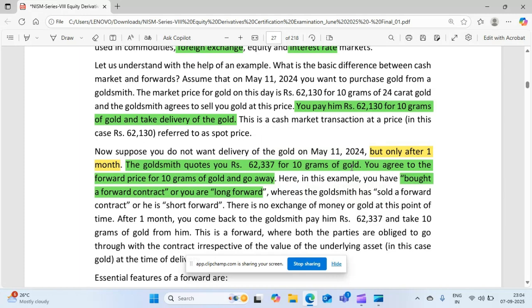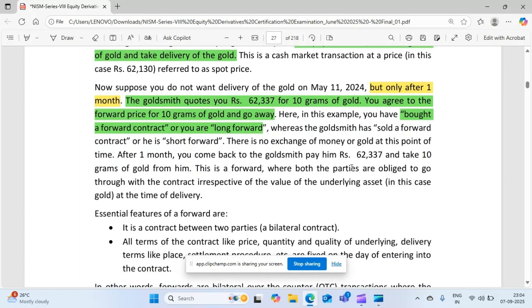I hope you are getting the difference. In a spot contract, the contract happened today, the price was also for today, and the transaction happened today. In a forward contract, the contract has happened today, but it is for a future date where the transaction has been agreed upon today, but the actual transaction will happen once 1 month is over. But the price has already been decided.